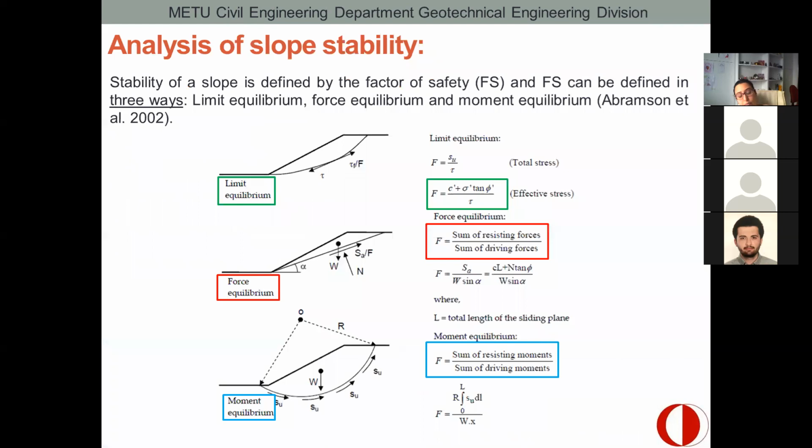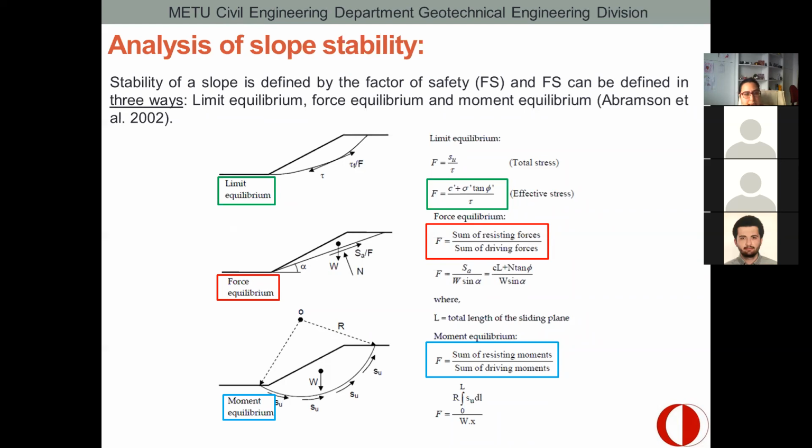All right. After we explain the different types of slopes, the different types of failure mechanisms, and different reasons for slope instability, now as an engineer, the only thing that we can do is to learn how to analyze the stability of the slopes.